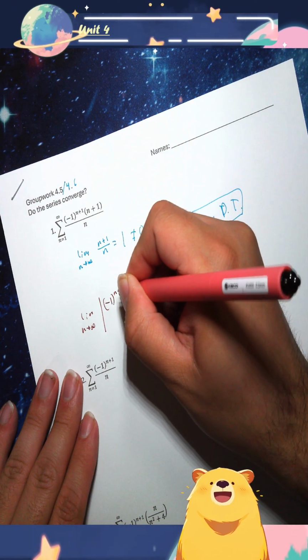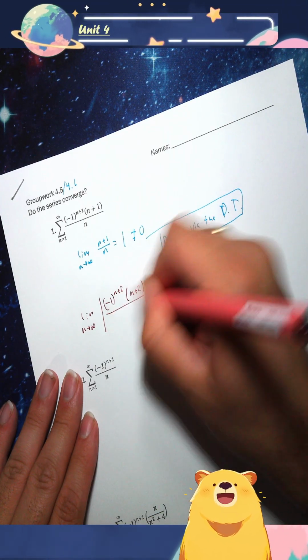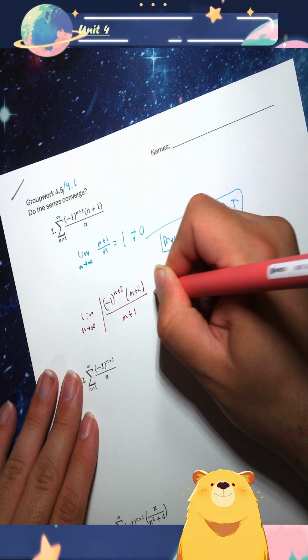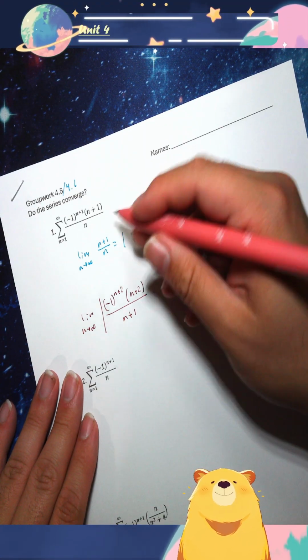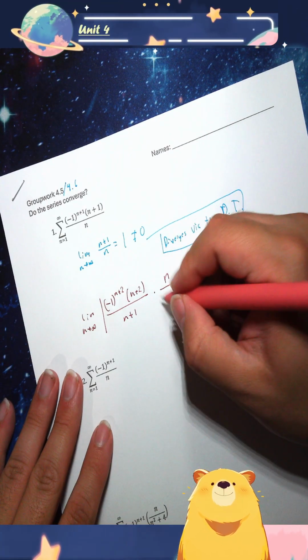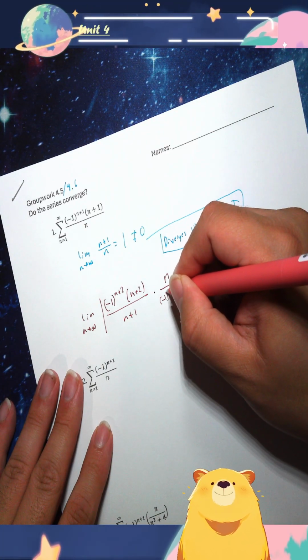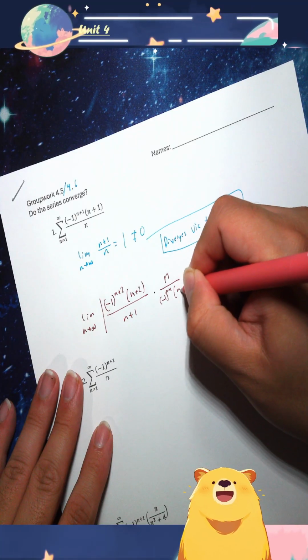Sorry, I said that wrong. Take the n plus 1 term: -1 to the n plus 2, n plus 2 over n plus 1. And then of this one, you get n over -1 to the n plus 1, n plus 1.